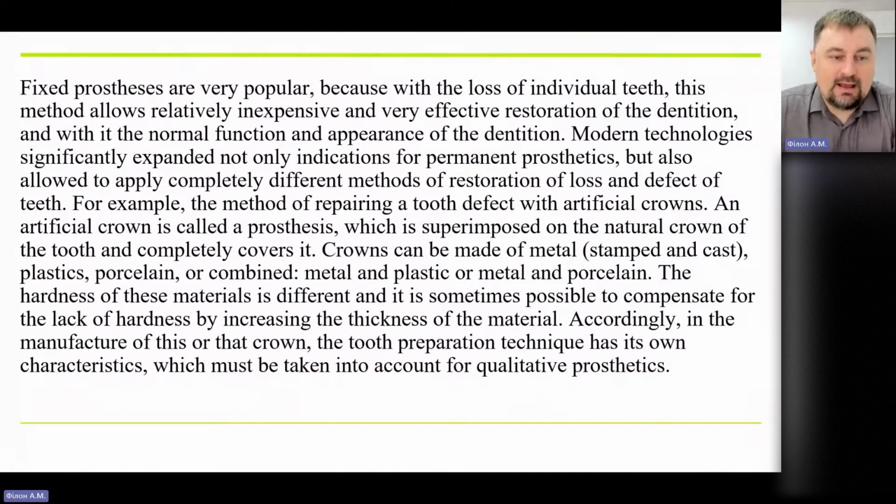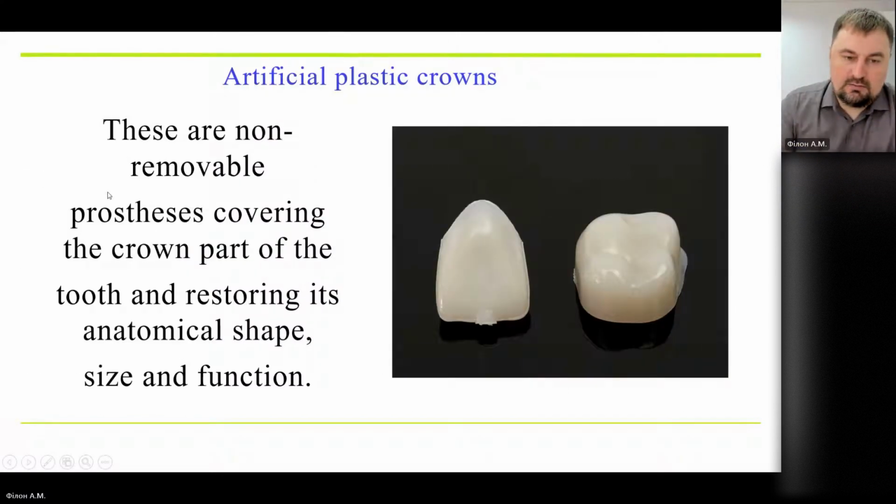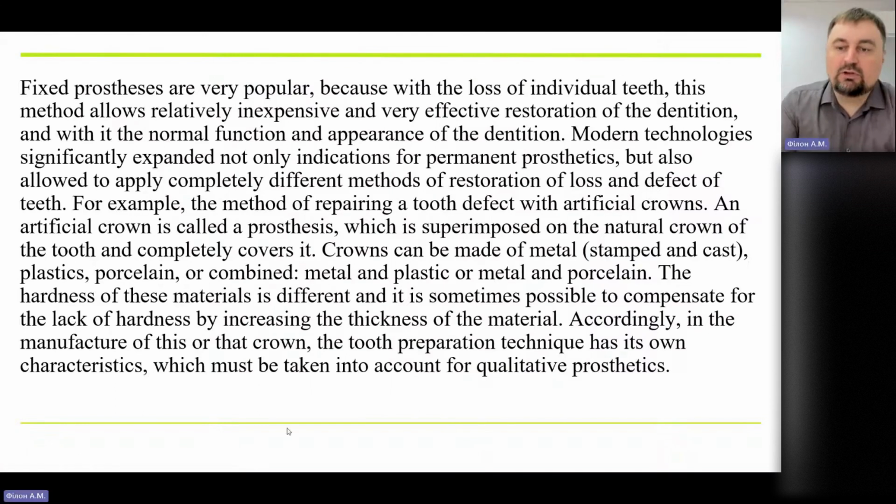Fixed prosthetics are very popular because with the loss of individual teeth, this method allows relatively inexpensive and very effective restoration of the denture, and restores normal function and appearance of the denture. Modern technologies functionally expanded not only indications for permanent prosthetics, but also allowed to apply completely different methods of restoration of loss and defect of teeth.